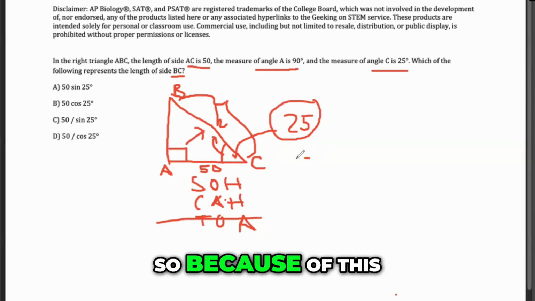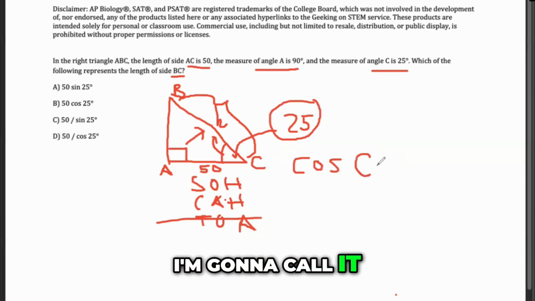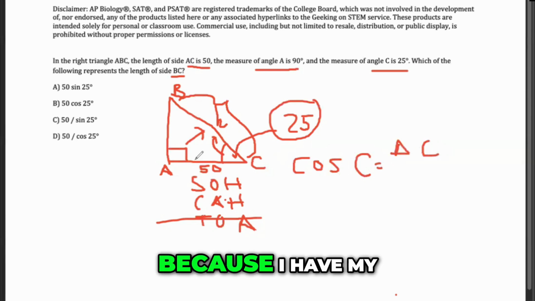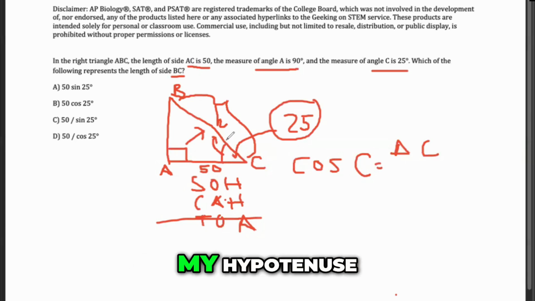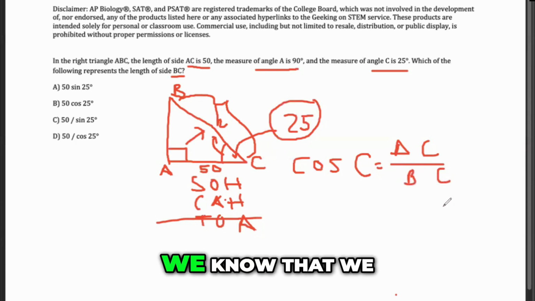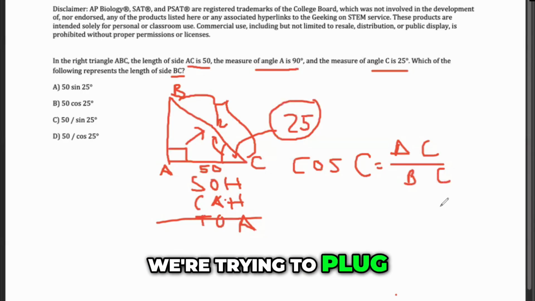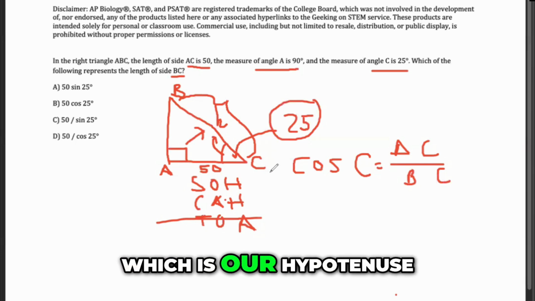Okay, so because of this, we can say cosine of C, or just, I'm going to call it C for now, is AC, because I have the adjacent over my hypotenuse, which is BC. Now we're trying to plug in all the numbers to solve for BC, which is our hypotenuse.